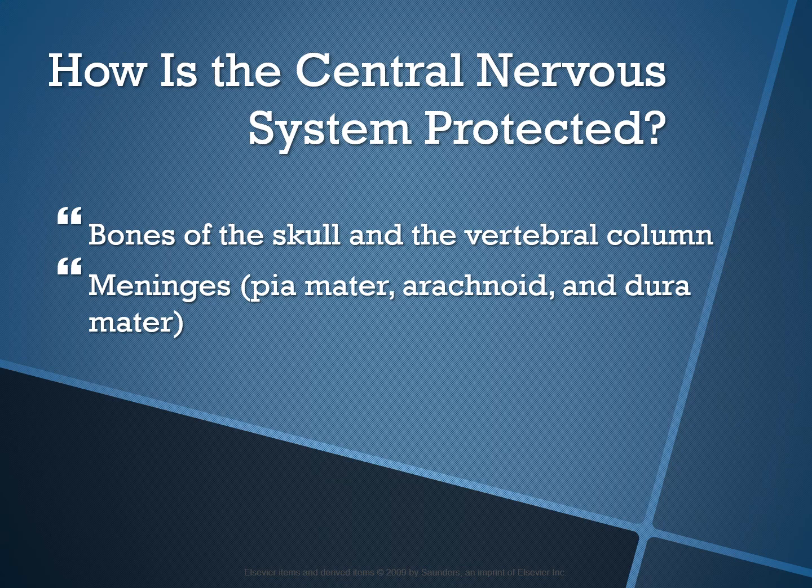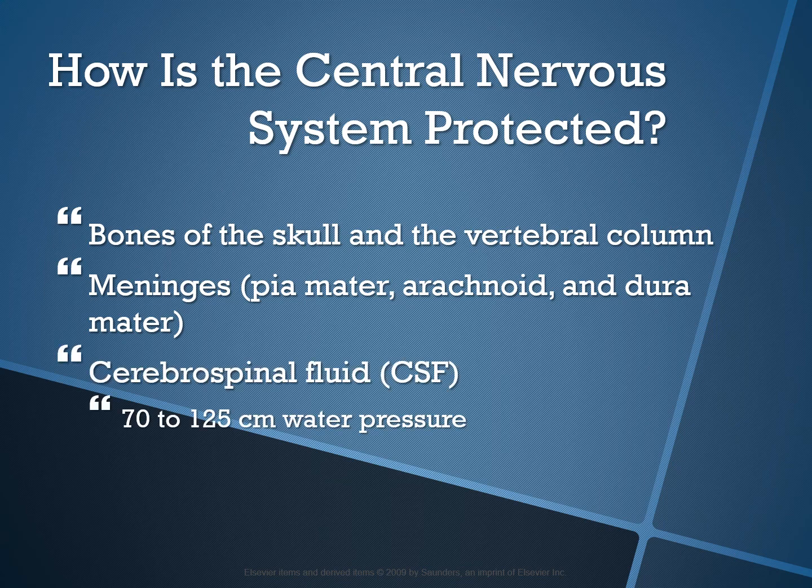Now we got to attach these 2 layers with something. So you have this spider-like web, if you would, that attaches between the dura and the pia mater, and we call that the arachnoid mater. And those are the 3 layers, the outermost being the dura mater, the center layer, the connective tissue, being the arachnoid mater, and the very thin, fine inner layer being the pia mater.